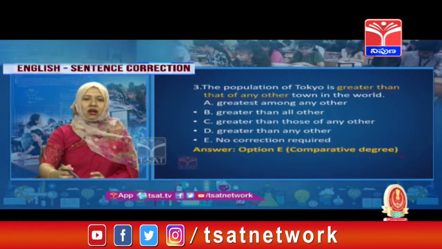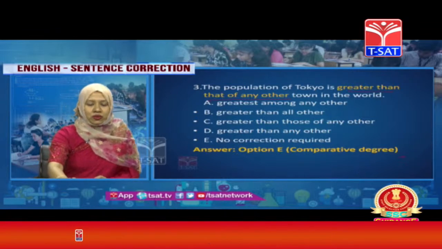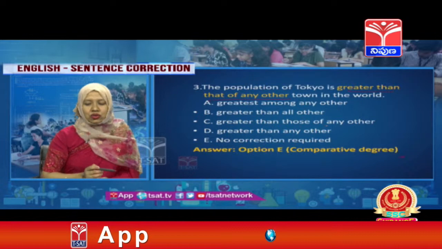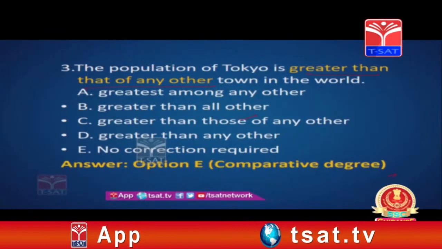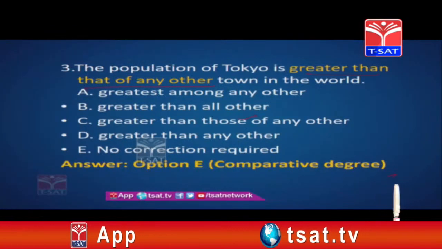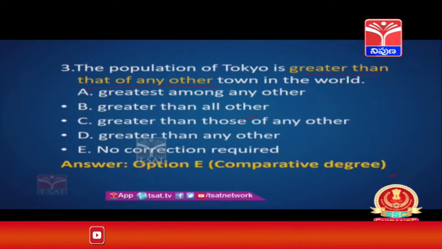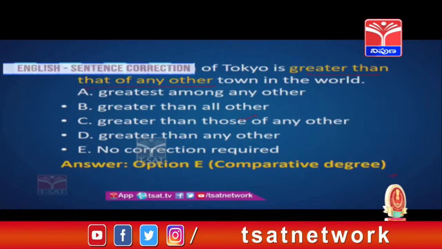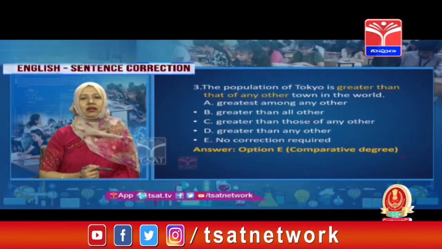So here, the correct option is: the population of Tokyo is greater than that of any other town in the world. If you see the options, in option C, greater than those of any other.